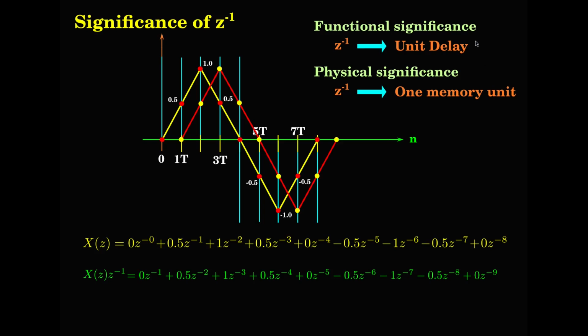So this is what Z to the power of minus 1 will signify. Very important to remember, because the entire discrete world will use this extensively. So Z to the power of minus 1 implies functionally a unit delay, and physically one memory unit.